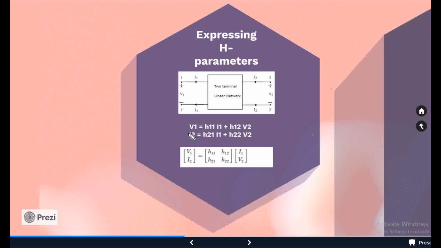Similarly, I2 is expressed as H21 times I1 plus H22 times V2. And these two equations are represented in matrix format as [V1; I2] equal to the matrix [H11, H12; H21, H22] times [I1; V2].